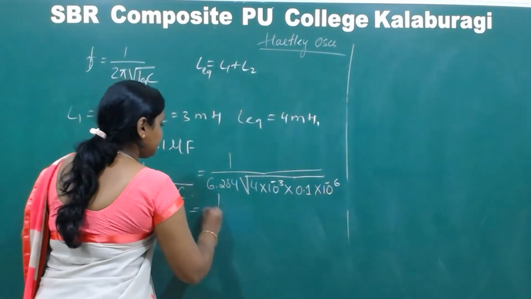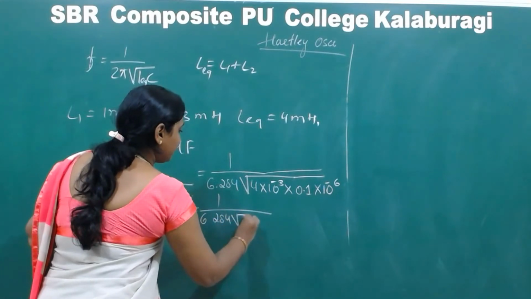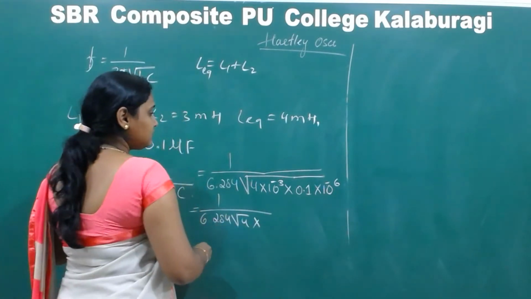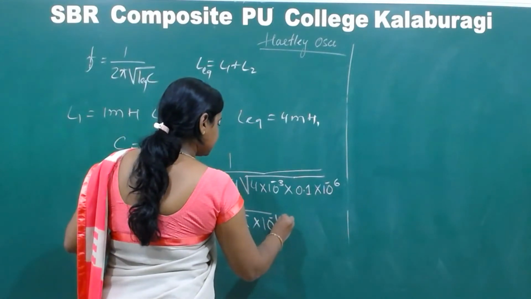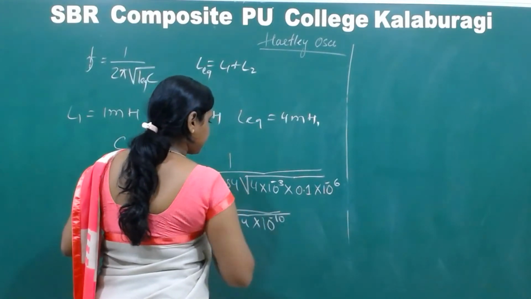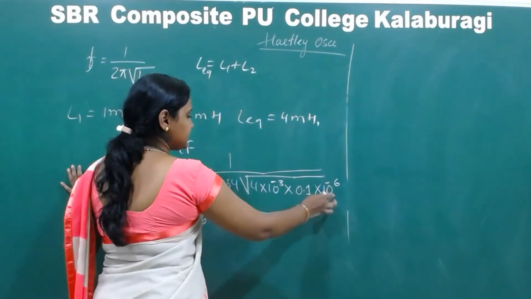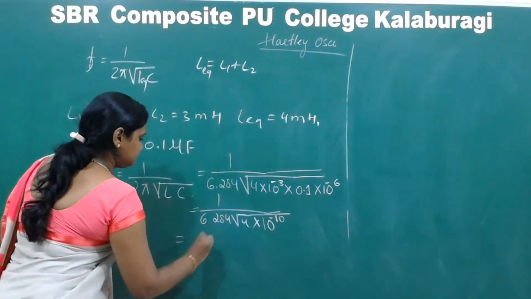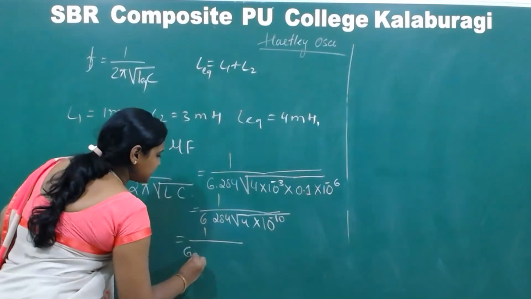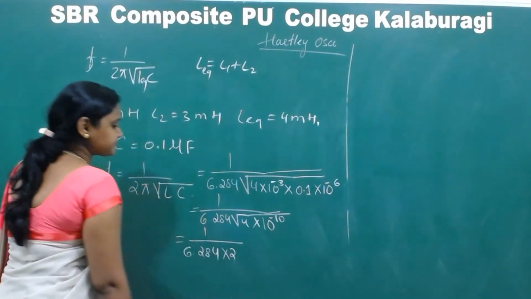So how can this be written? Into root 4 into 10 to the power of minus 10. 10 to the power of 3, 10 to the power of minus 1, 10 to the power of minus 6. Minus 4, 6, minus 10. 1 divided by 6.284 into 2.